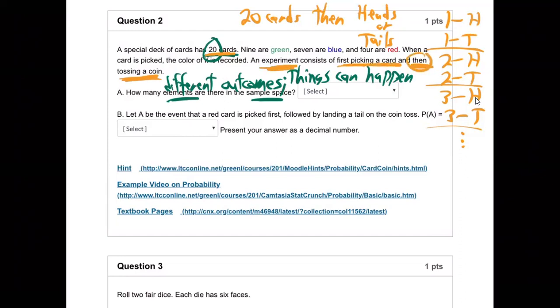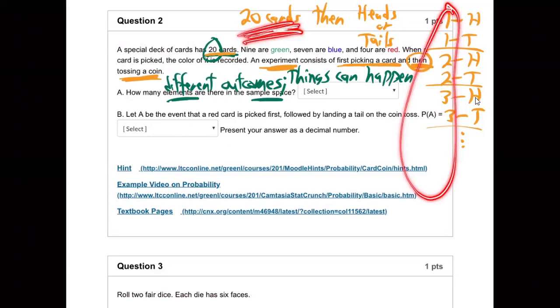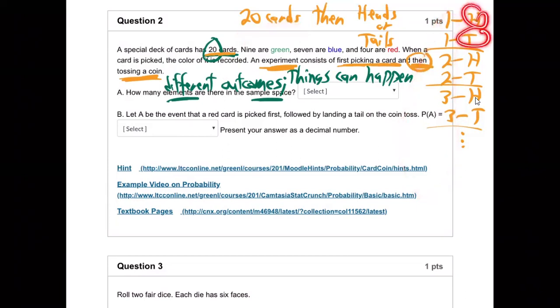So the overall thing we're doing is picking a card, which is going to be 1 through 20, right? 20 cards, at least for mine, and then flipping a coin, head or tail. So do you see how many total possibilities there's going to be then? There's going to be 40, aren't there? Because there's 20 cards times 2 things that can happen when you flip the coin, right? Each of these 20 cards can go with heads or tails.